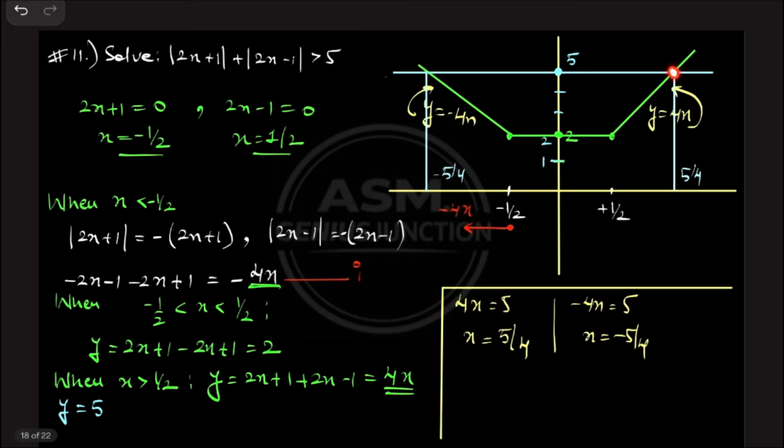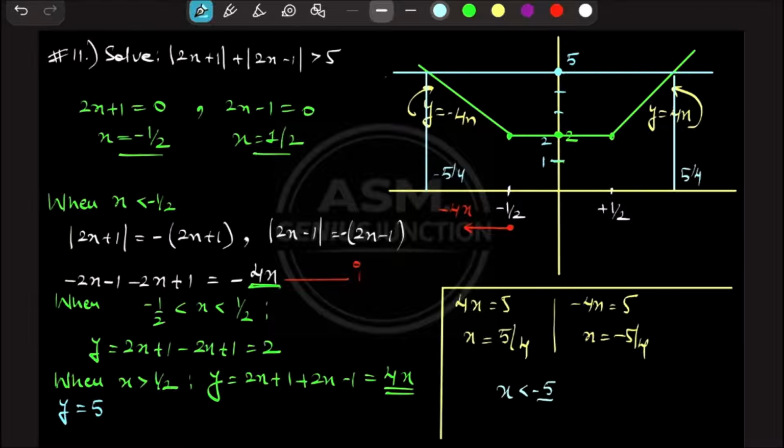Same on this particular side. If I move to the right hand side, then the graph of the modulus function is above the line y equals 5. So my final answer is going to be x is less than minus 5 by 4, or x is greater than plus 5 by 4.